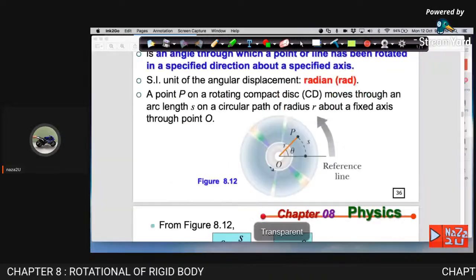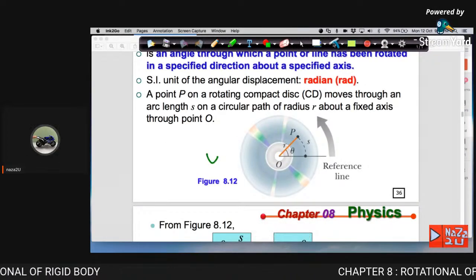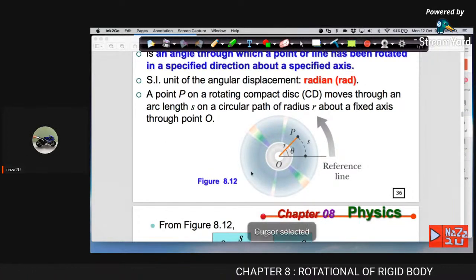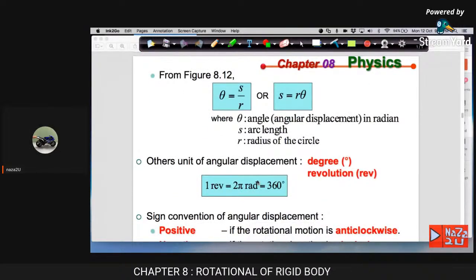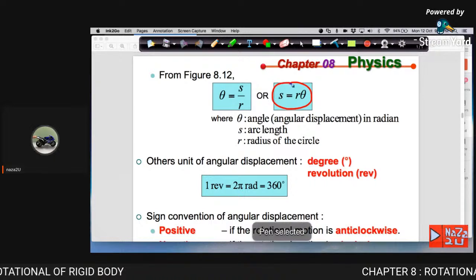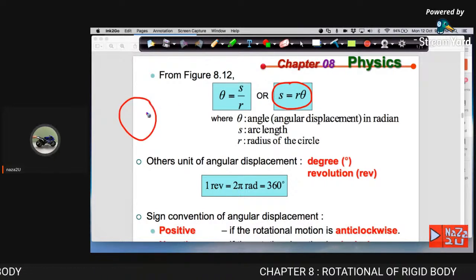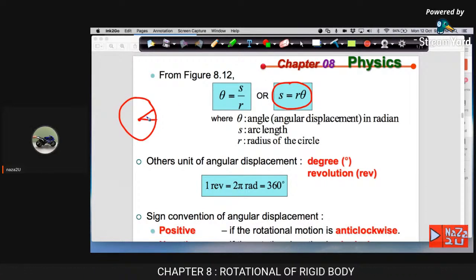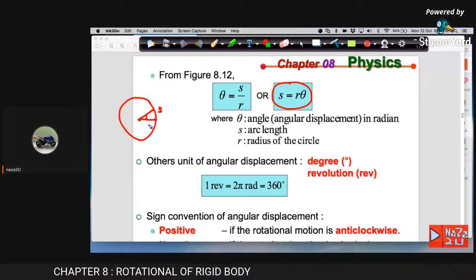So this is the equation. Let's say this is angle theta, this is S, this is r.